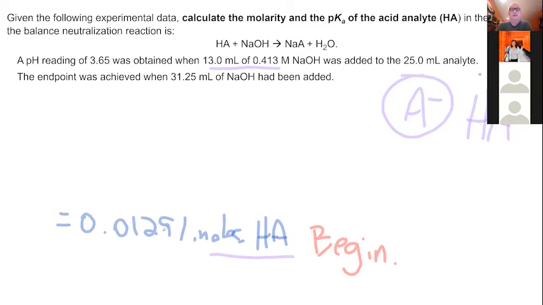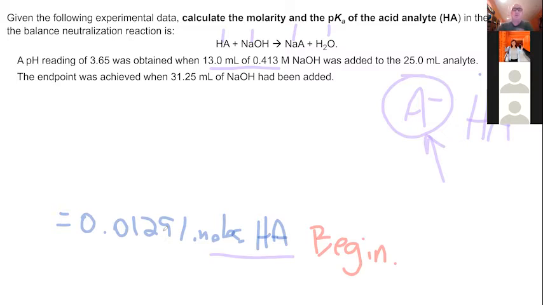Look at the balanced equation again. And remember, it's a 1 to 1 to 1 to 1 ratio. It's the same. What's the same? The moles of A minus are the same as the moles of sodium hydroxide. That's it. The number of moles of A minus are the same as the moles of hydroxide. That's right.